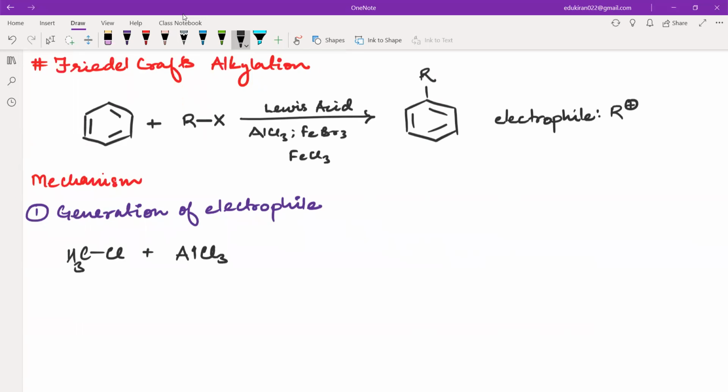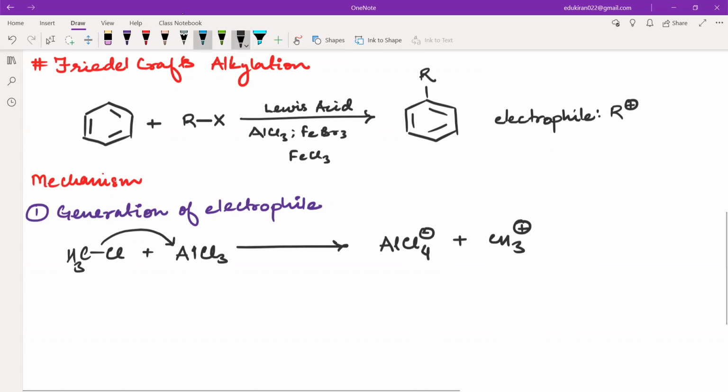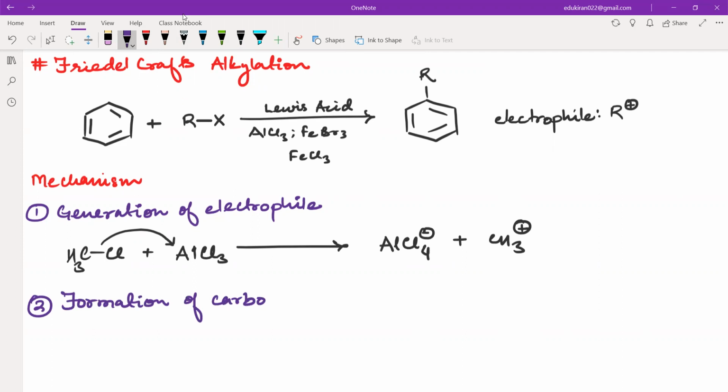So again, this chlorine atom, the bond will break like this. Aluminium को आपको chlorine मिल जाएगा, and it will be AlCl4 negative plus CH3 positive. So when we have got the electrophile, the next step is going to be formation of carbocation.